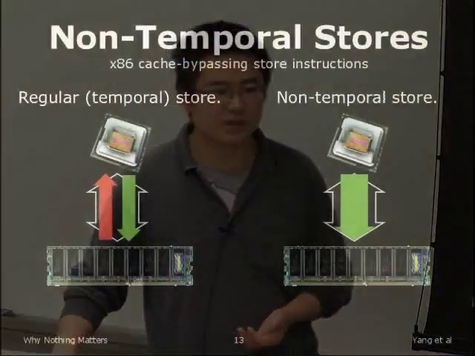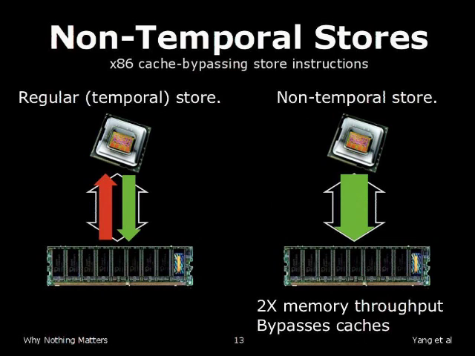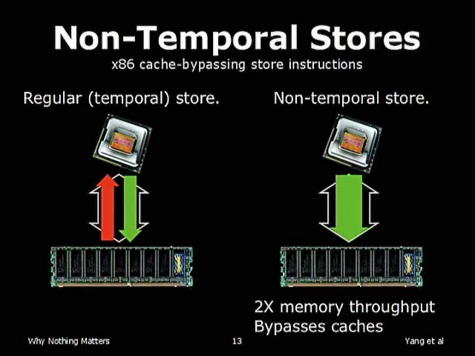And another point, the device is on the other side of the bus, so you want to dump all of the data to memory first. That's why you get a non-temporal instruction. You directly write down to the memory without reading it first. So the idea is you can get double the throughput because you take advantage of all of the memory bandwidth and you bypass the cache.